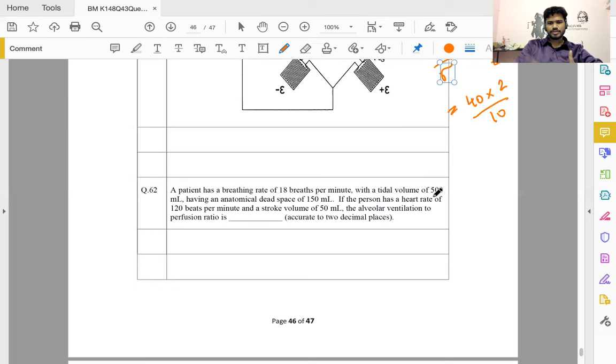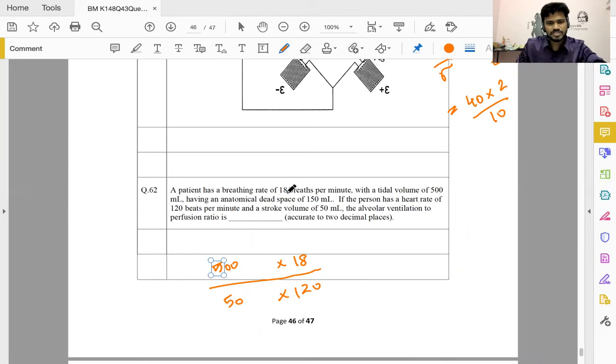So many of you did 500 per breath, at 18 breaths per minute, that is the volume of ventilation. Ventilation is 500 into 18, divided by 50 ml stroke volume, the blood the heart pumps per beat, into 120 beats per minute. So this much volume of blood perfusion, this much volume of ventilation.